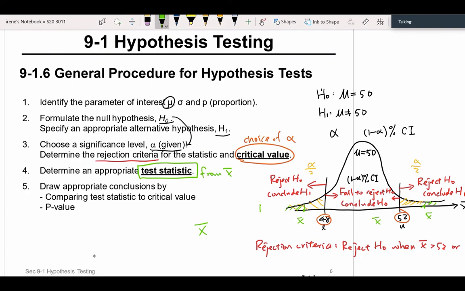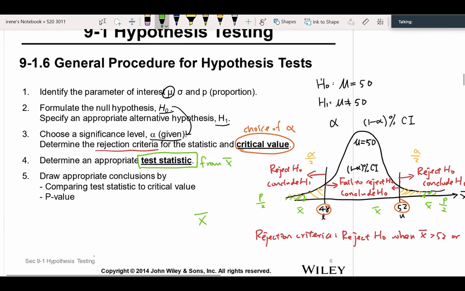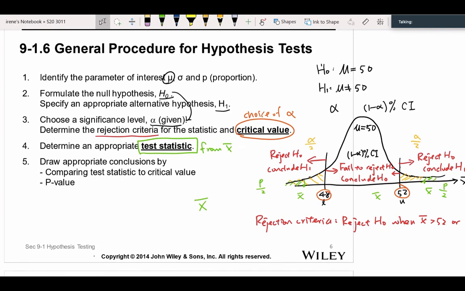This is my p-value, or p over 2. Compare the p-value to alpha. Which one has a greater probability?